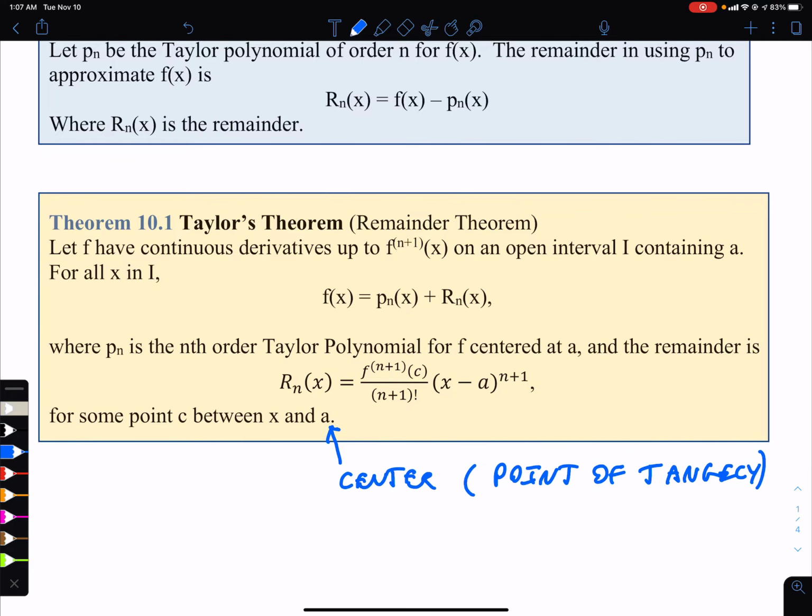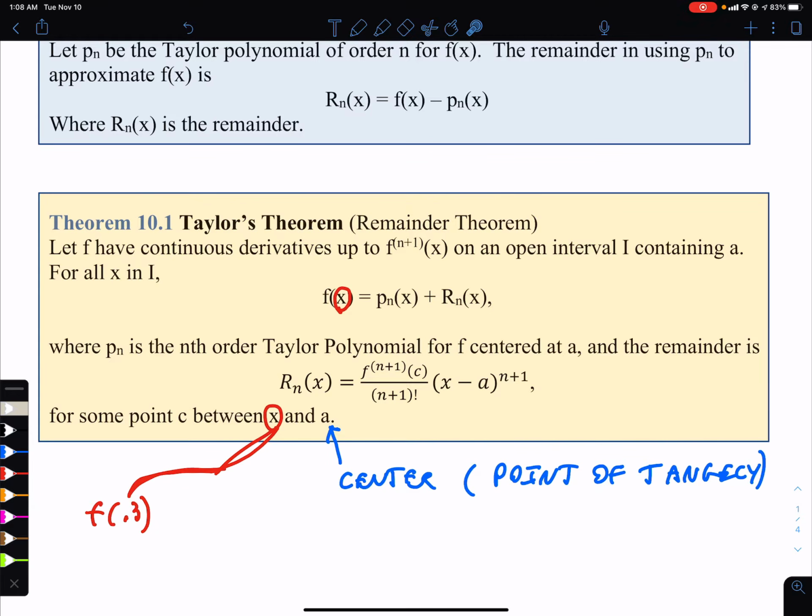Okay, what is x? x is this x. For example, if you're trying to approximate f at 0.3, then x is now 0.3. So x is whatever value you're trying to evaluate your function at.